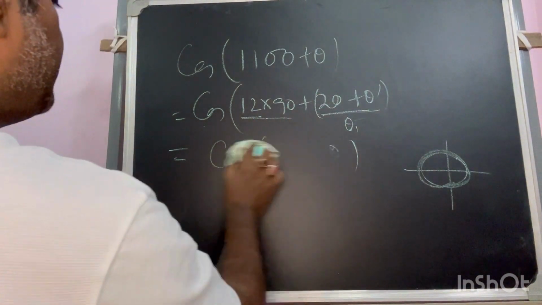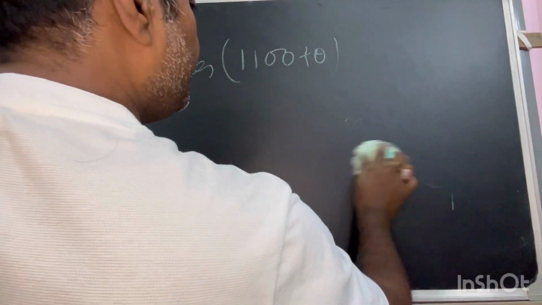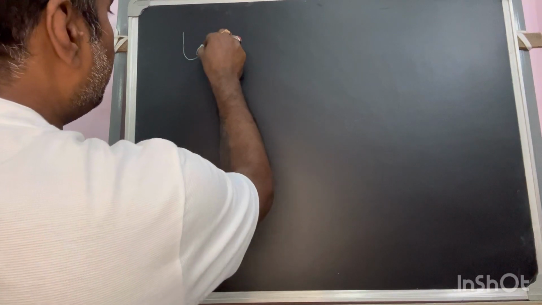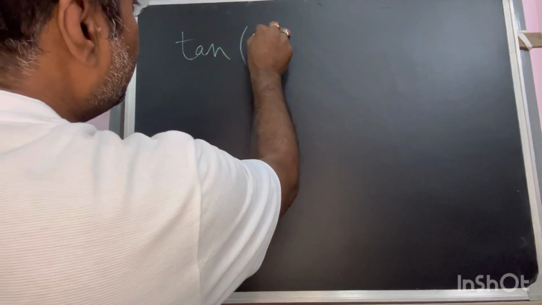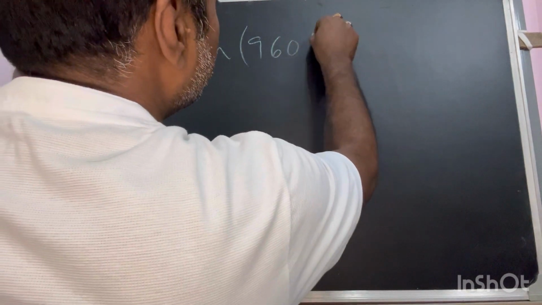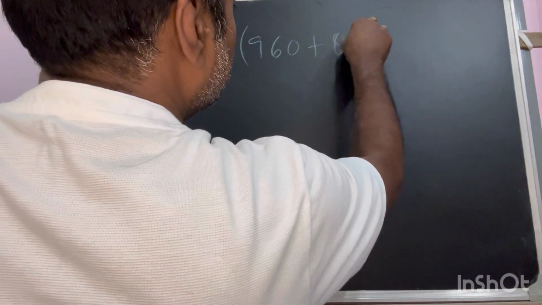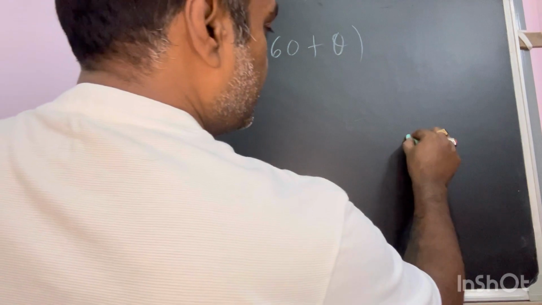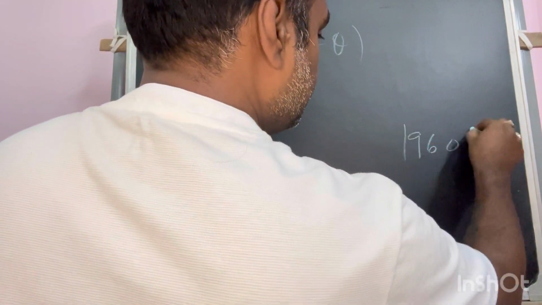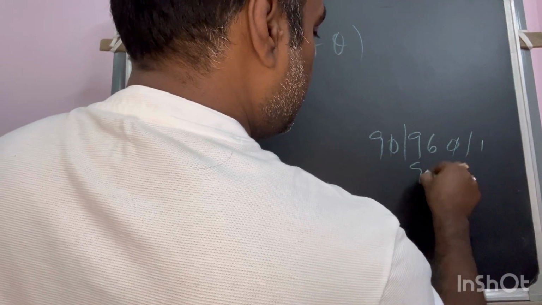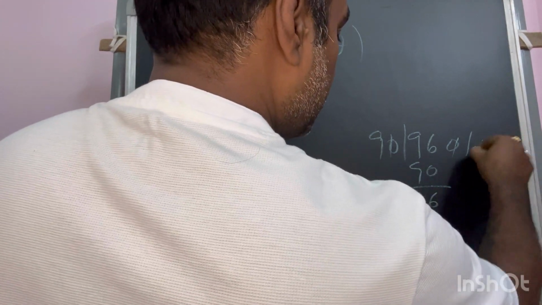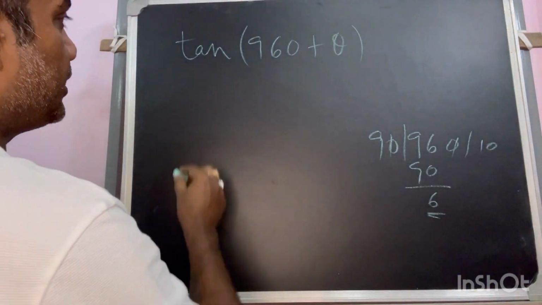Okay, let me take another example. Any random example I am taking. Tan of 960 plus theta. So now what you have to do, 960 by 90, so that 90 will come 10 times. So the residue will be 60.